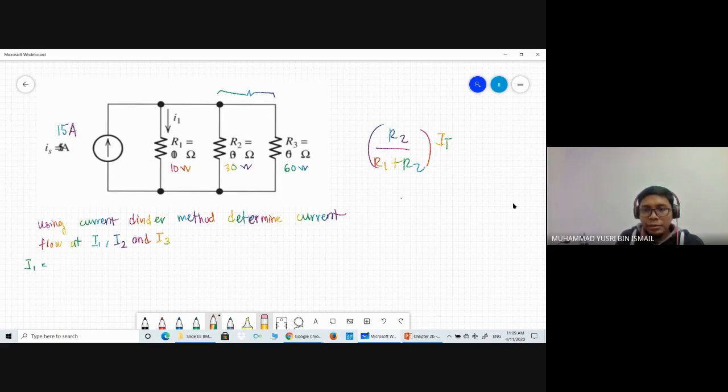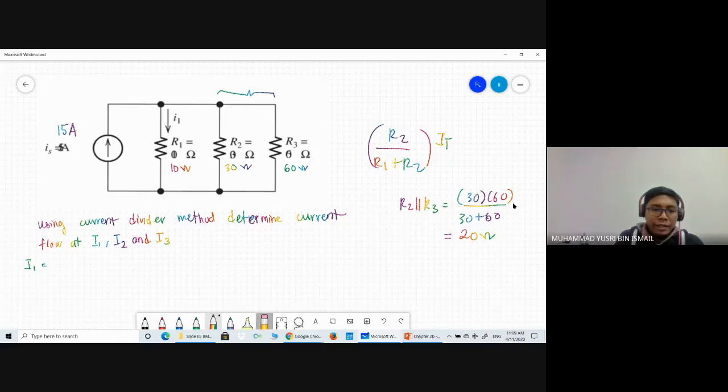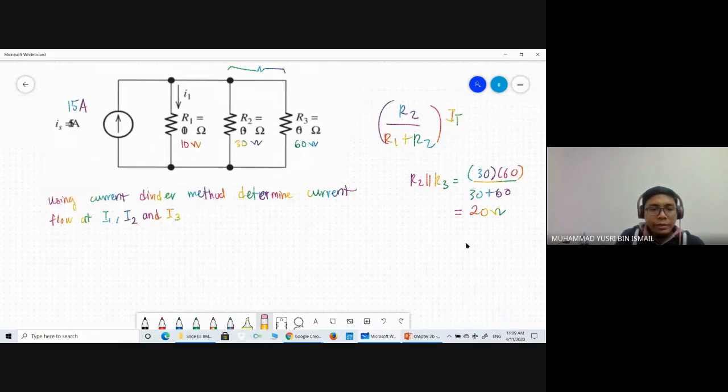So R2 parallel with R3. So you will get 30 times 60 divided by 30 plus 60, which is 20 ohm. So now this will be your new circuit.